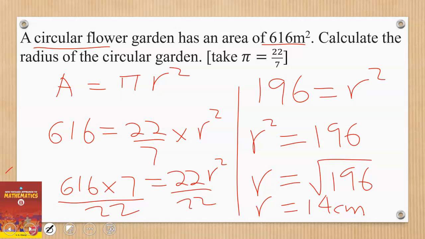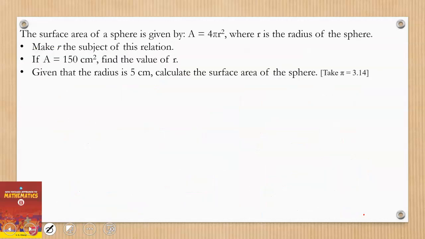Let's take the last example. The surface area of a sphere is given by A equals 4 pi r squared, where r is the radius of the sphere. We want to make r the subject of this relation. So to make r the subject, since there is no addition or subtraction between the 4 pi r squared, all we can do is divide both sides by 4 pi.